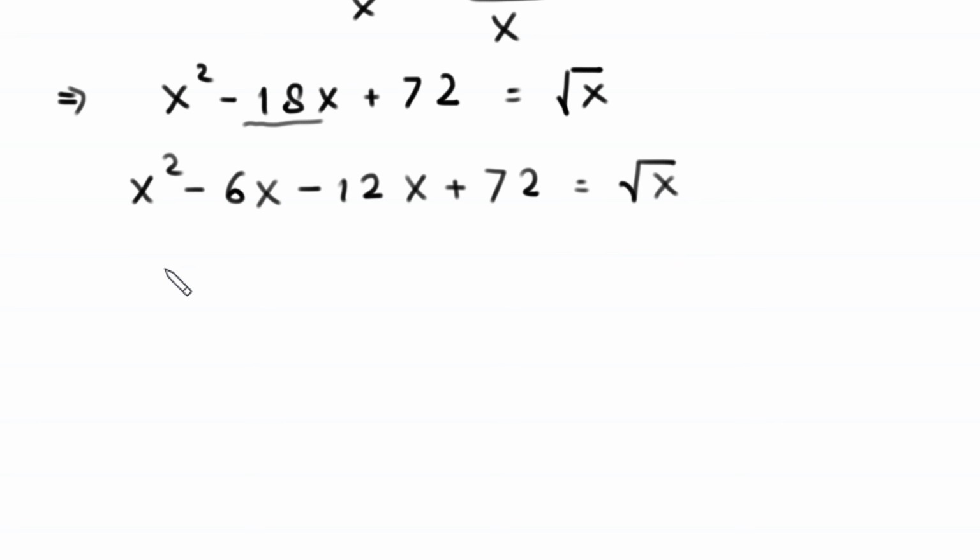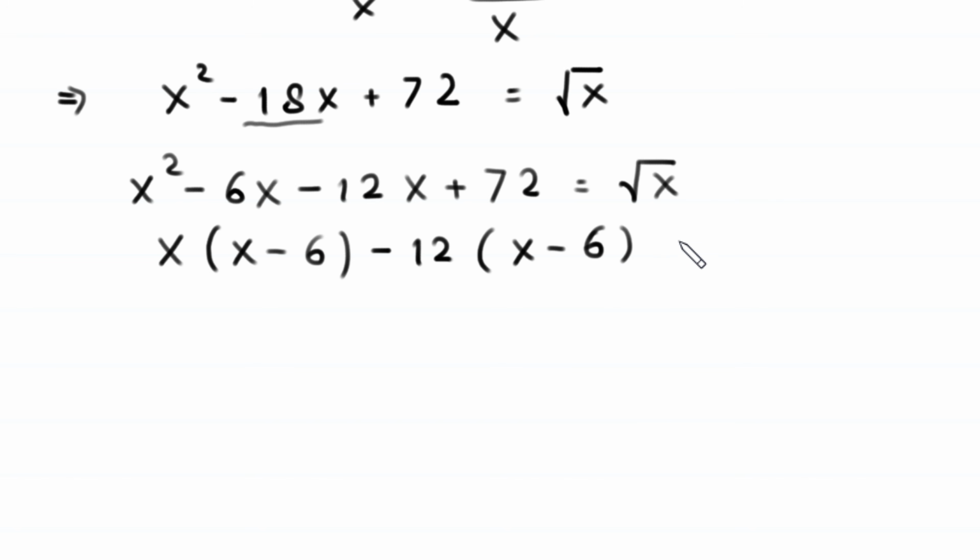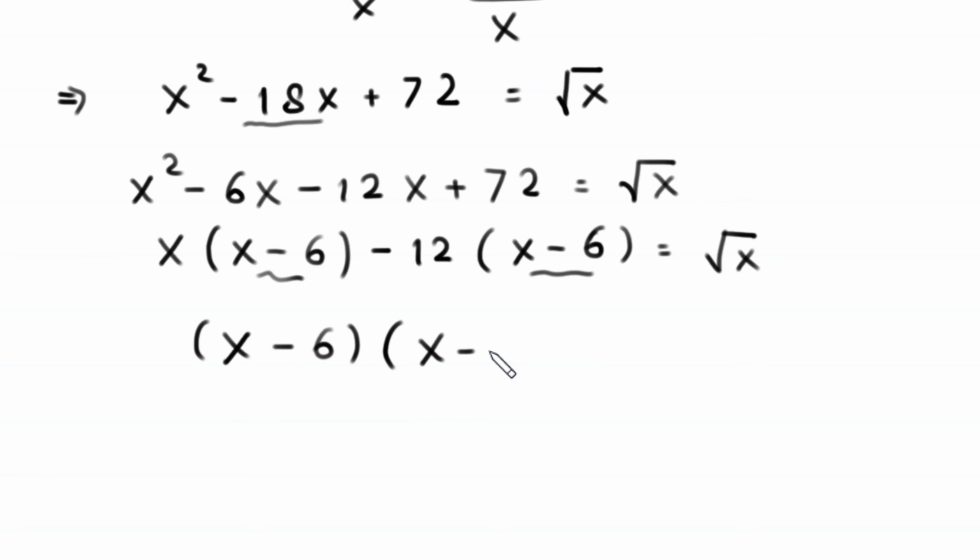From these two terms we can factor out x, in bracket x minus 6, and from these two terms we can factor out negative 12, in bracket x minus 6, equal to root x. This x minus 6 is a common factor, so we factor out x minus 6, and in bracket x minus 12 equal to root x.